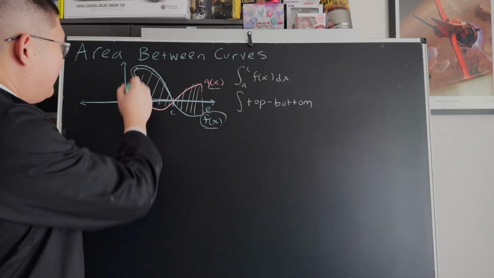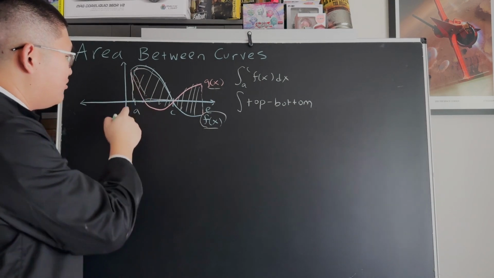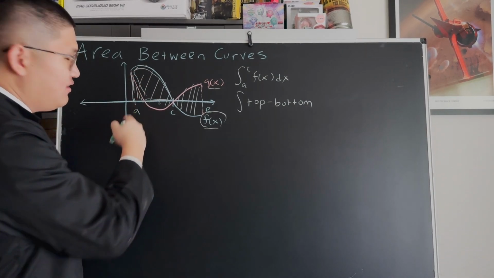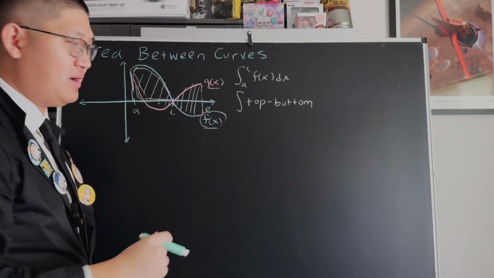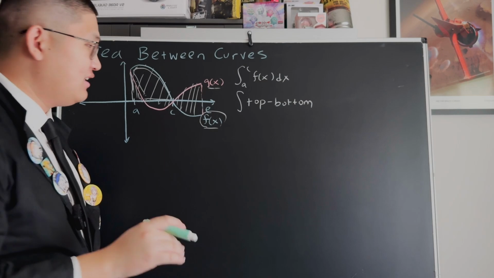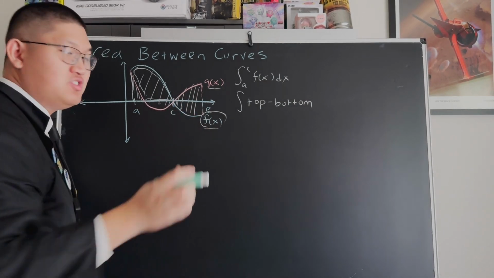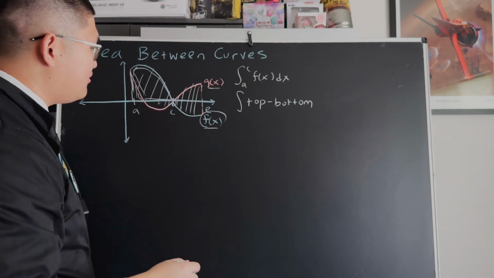For example, in this small section right here for g of x, we have this whole section that we do not wish to calculate. As you can see, all this area that's underneath here needs to be taken away because that is not part of the area that is bounded between the two functions. And so that's why in this case, we go only up to c, because as you can see, g of x now flips over to the top side between the two functions.